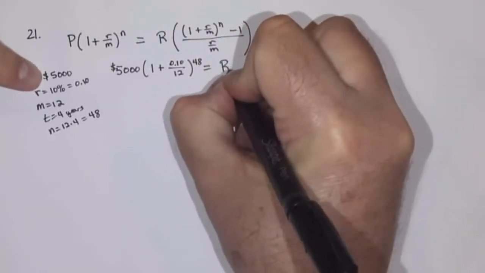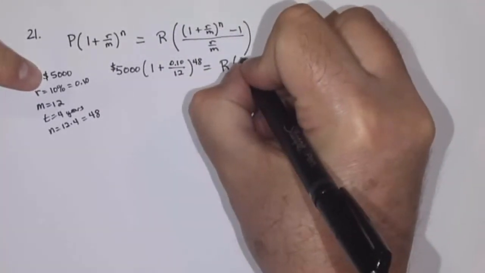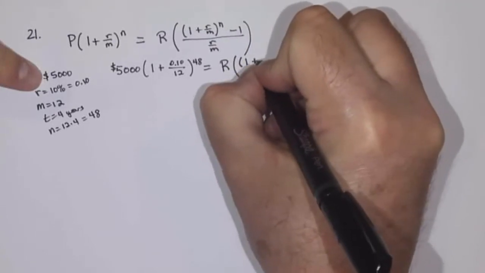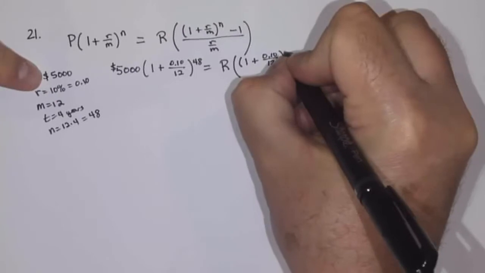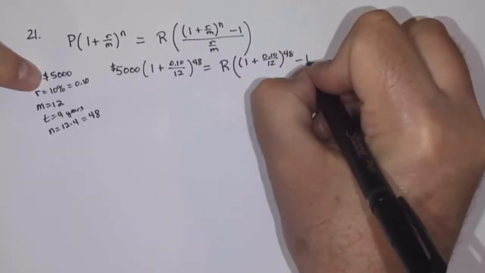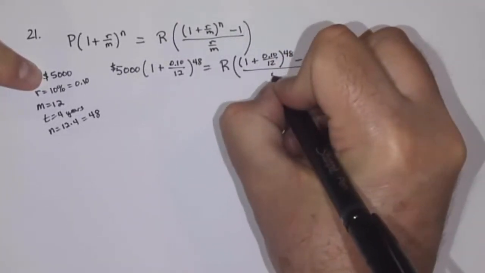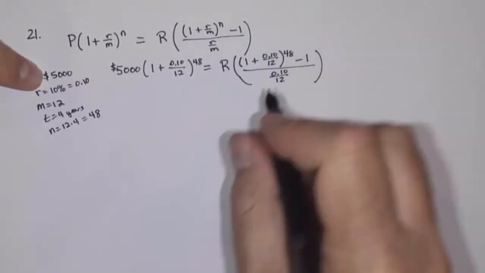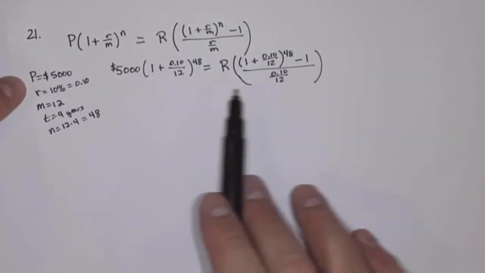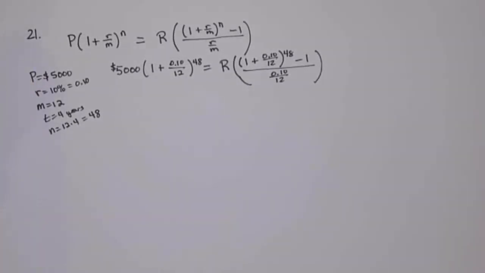And that's going to equal R times (1 plus 0.10 divided by 12) raised to the 48th power minus 1, all over 0.10 divided by 12. So I'm going to simplify the left, I'm going to simplify the right, and then solve for R.